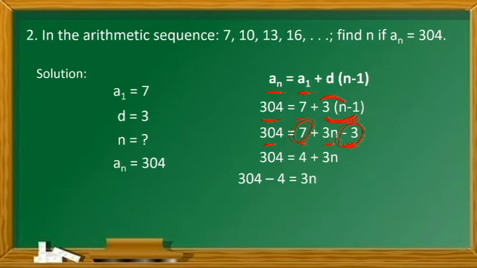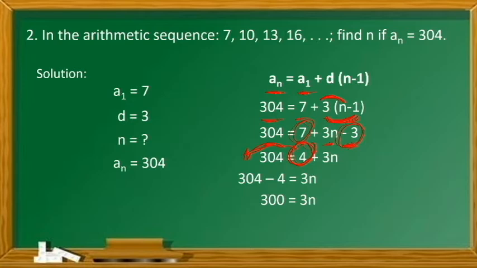So we have now 304 minus 4 equals 3n. We transpose positive 4. Nilipat natin yung positive 4 sa left side. Then we will change the sign from positive 4, it becomes negative 4. So we have 304 minus 4 equals 3n. So let's subtract now. 304 minus 4 is equal to 300 equals 3n.